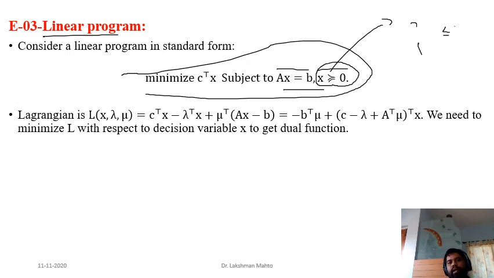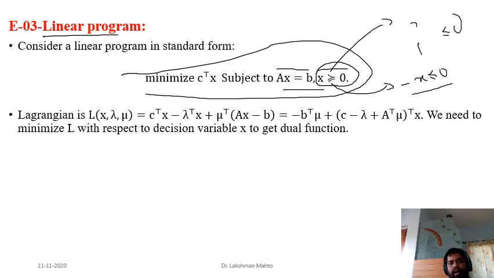So if you multiply with negative, then this coordinate-wise greater than or equal to 0 will be converted into component-wise less than or equal to 0. That's why the negative sign is coming.